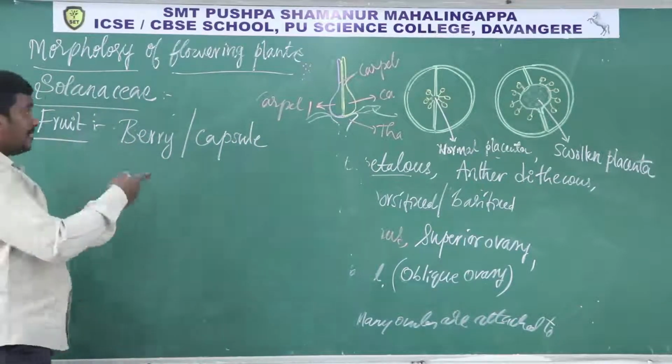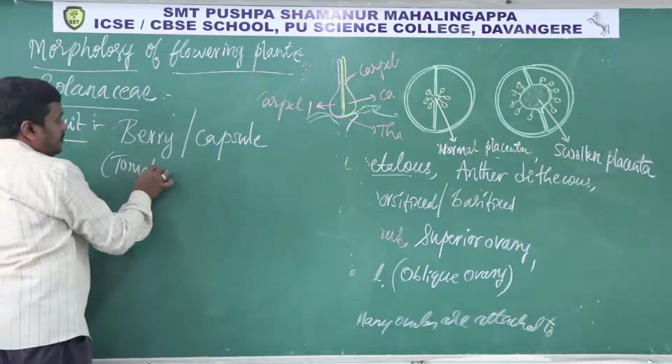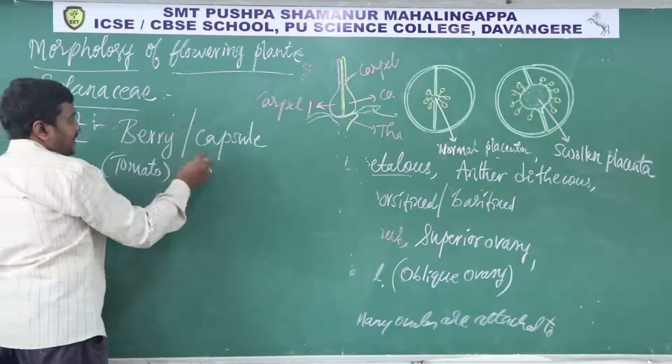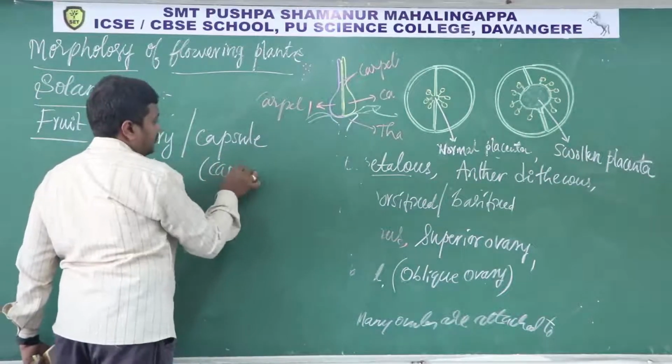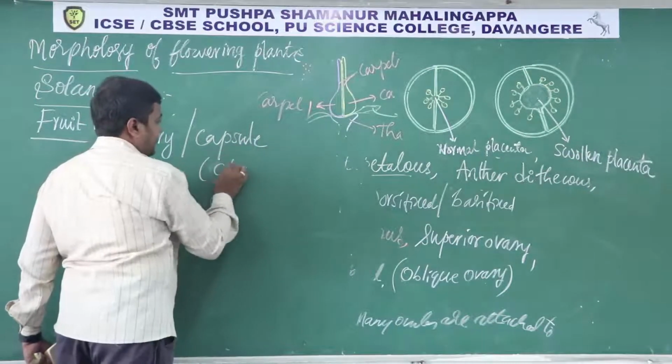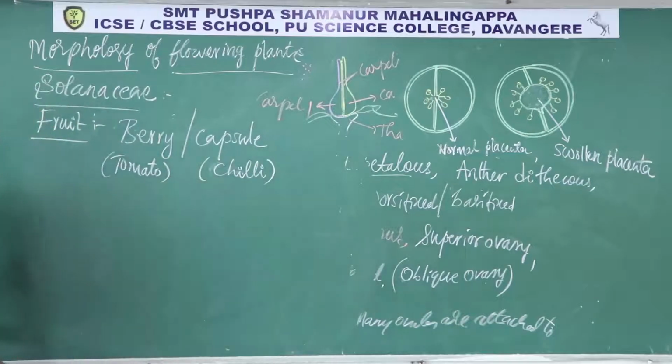So for berry we can take the example of tomato, and for capsule, chili. We can write the general name, chili is an example for capsule. Okay, so this is about the fruit character.